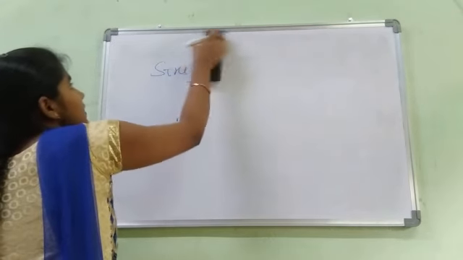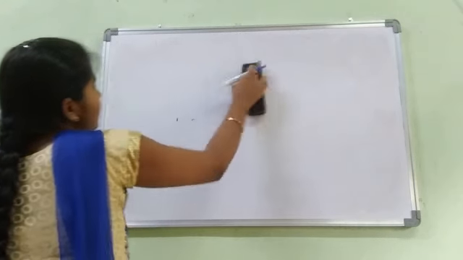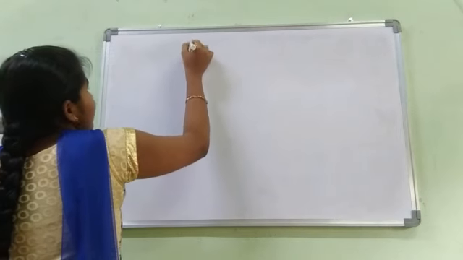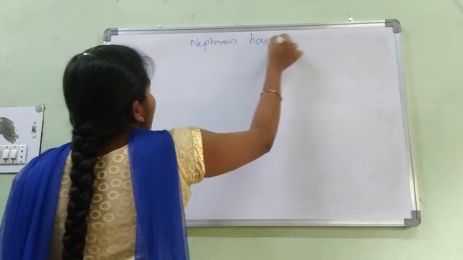Its diagram is a little bit big, so I am rubbing this out totally. Please note down all the points. This will be the best notes for you. And nephron has 2 parts.